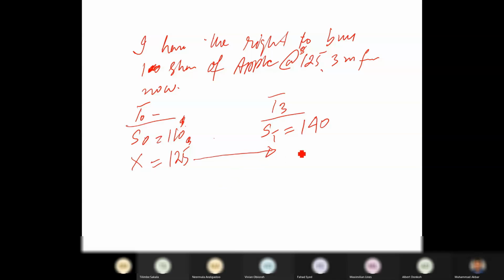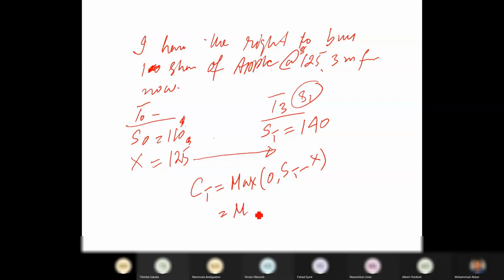So 3 months later, let's suppose this is situation number 1, S1. 3 months later, it is 140. So I will just calculate how much gain I have. My gain from the option will be CT is equal to the maximum of 0 or ST, the stock price at expiration, minus the exercise price.